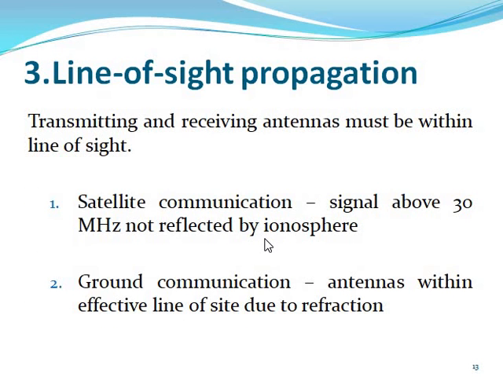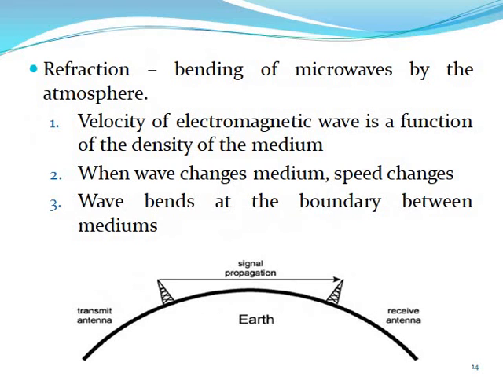Now line of sight, you can show that the signal travels along the line of sight. It means in the line wave. Not any other interaction, the signal does not go to the ionosphere, but the signal travels in the line of sight. If the signal is here, the antenna is only line wave.